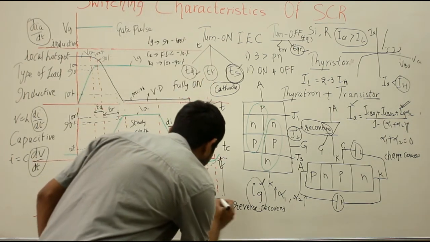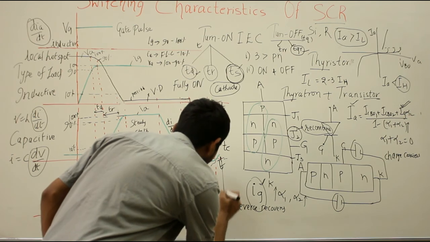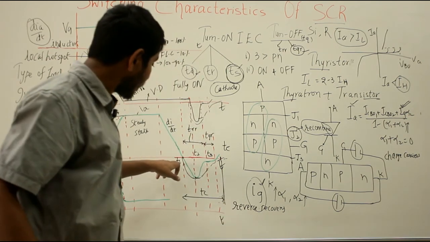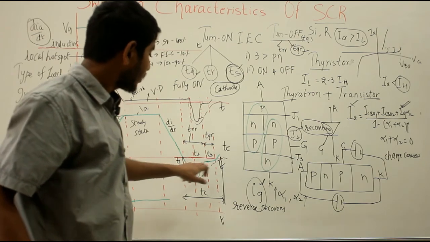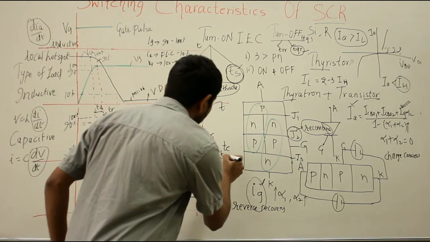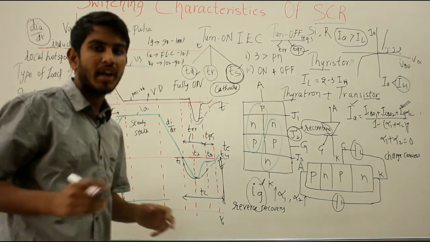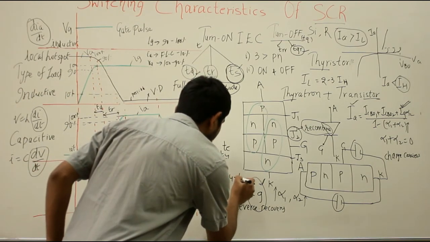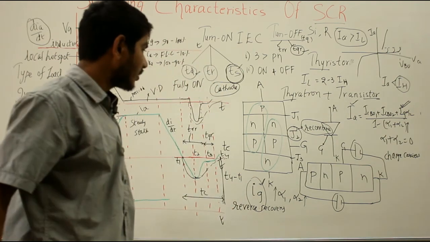So this interval is your circuit turn off time. When the anode current falls to 0 at T1, let me say this is T4, where the reverse voltage due to the practical circuit reaches 0. So your T4 to T1 is the circuit turn off time.